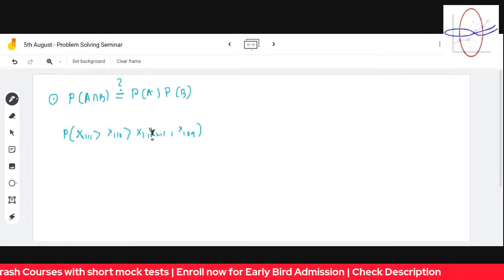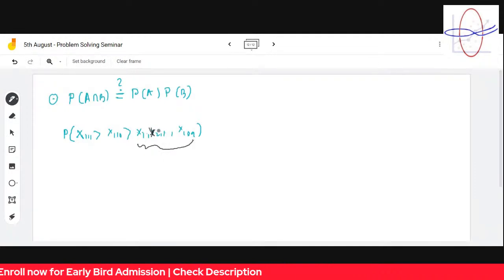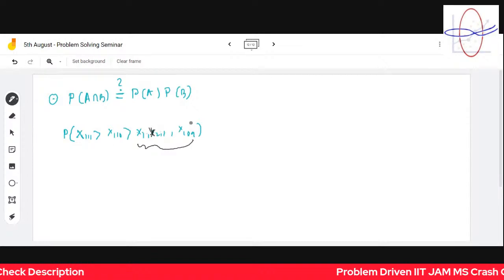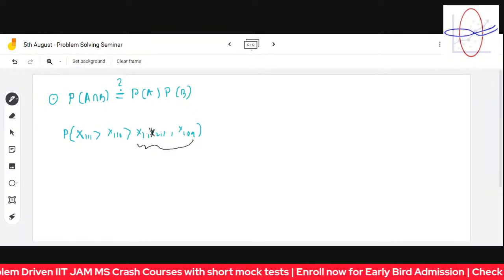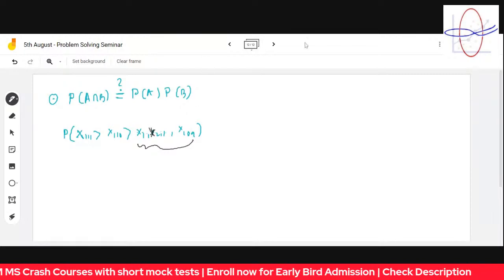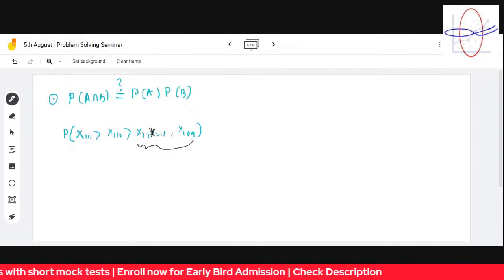What is the symmetry over here? The idea is that all these 109 numbers, all the 109 jumps over here, are all equally likely among themselves. So what do we mean by that?